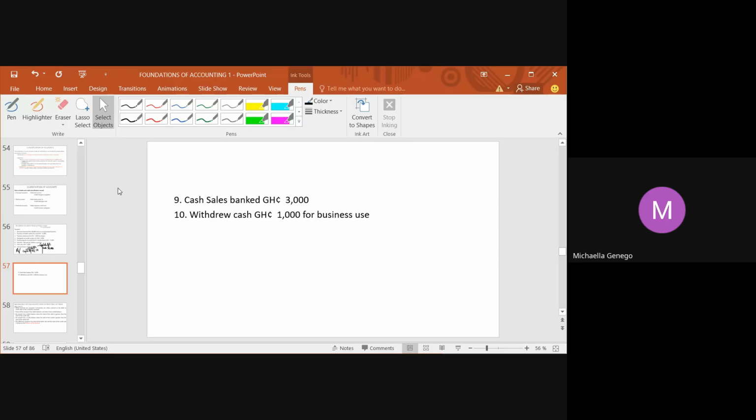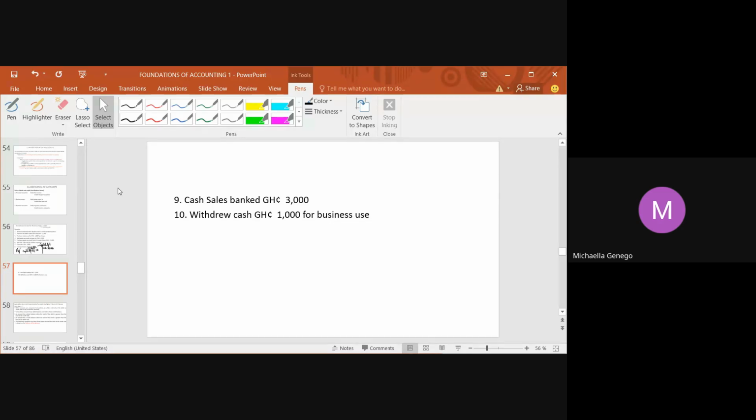It's because of this business entity concept that we have the drawings account, so that it will enable the accountant to adhere to that principle, because sometimes the owners withdraw money for their own use, not for the business. So if you withdraw it for your own use, you are accountable for it.